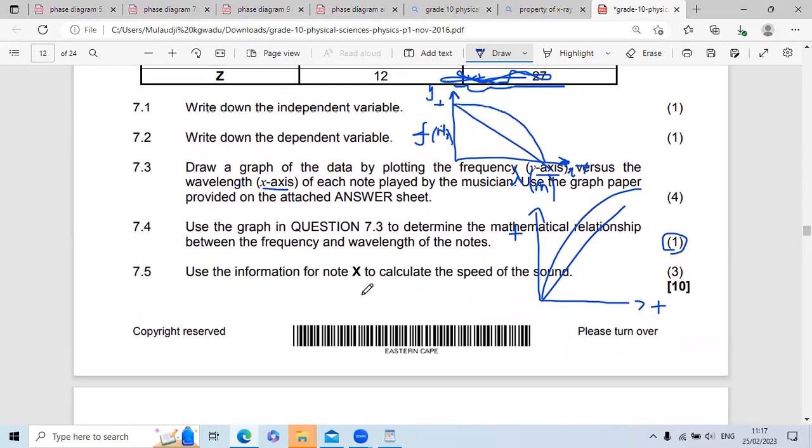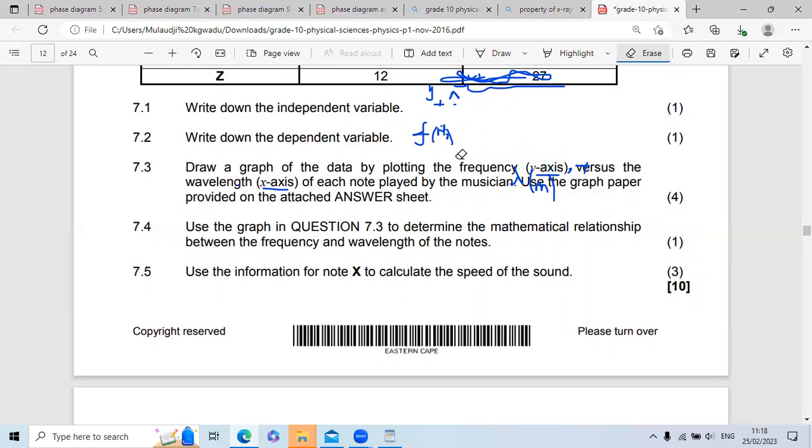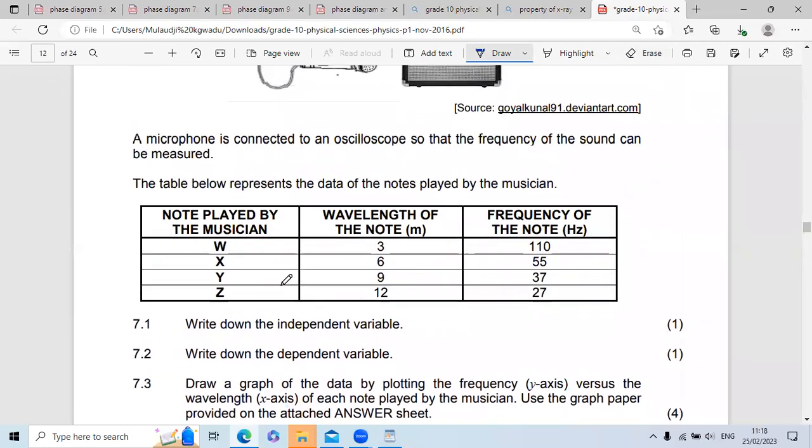So they say use the information for node X to determine the speed of the sound. So we're just going to look at node X. X has a wavelength of 6 meters and a frequency of 55.